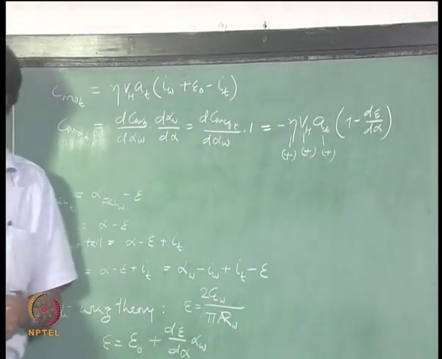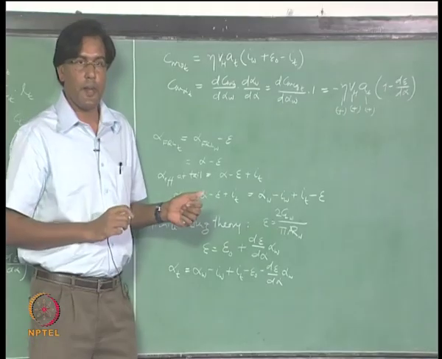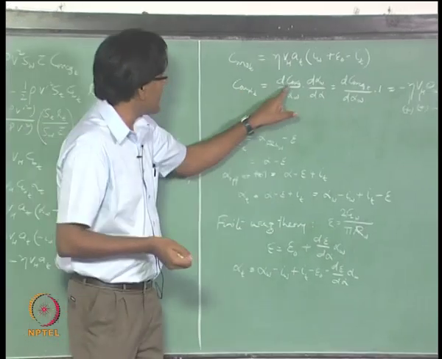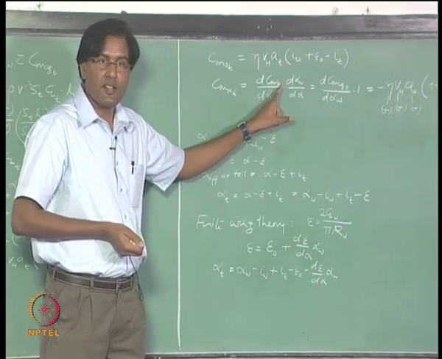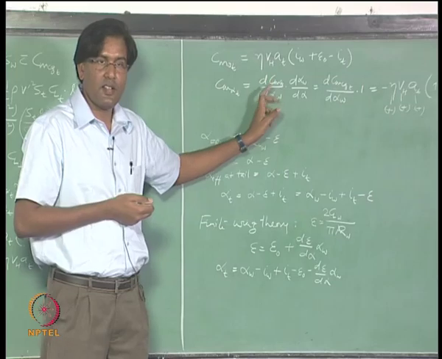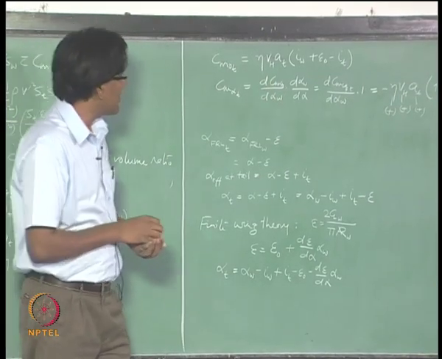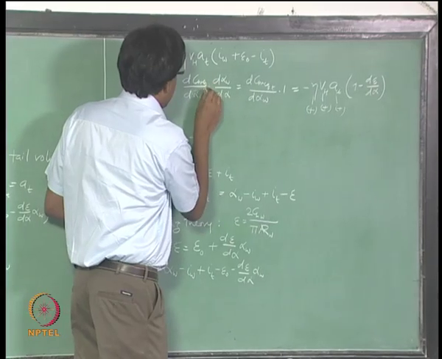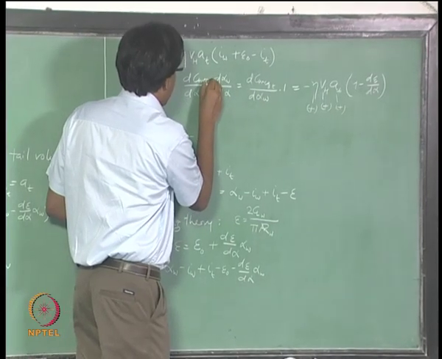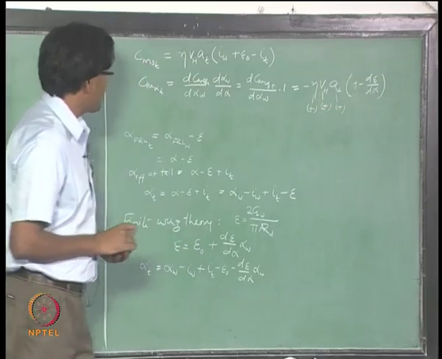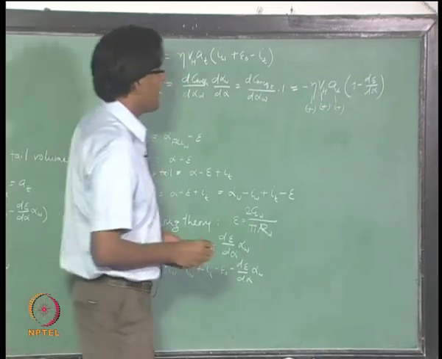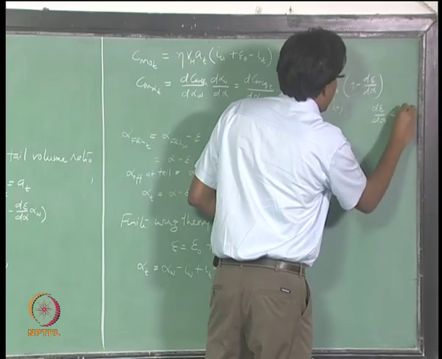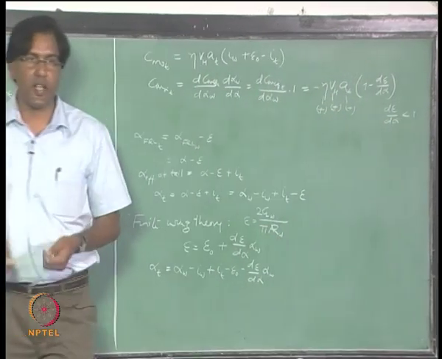Yeah, any question? The second line, the next terms. dCm Cg tail, d epsilon over d alpha is actually less than 1, okay, much less than 1.